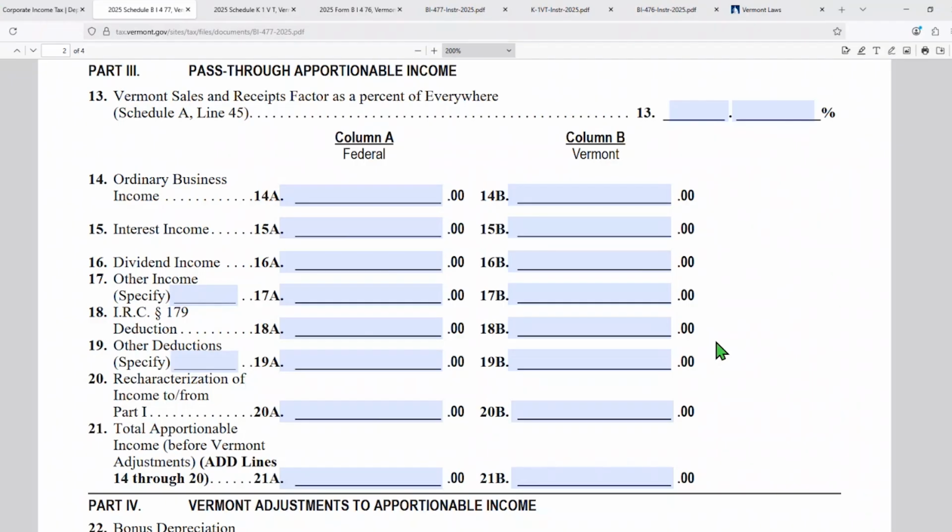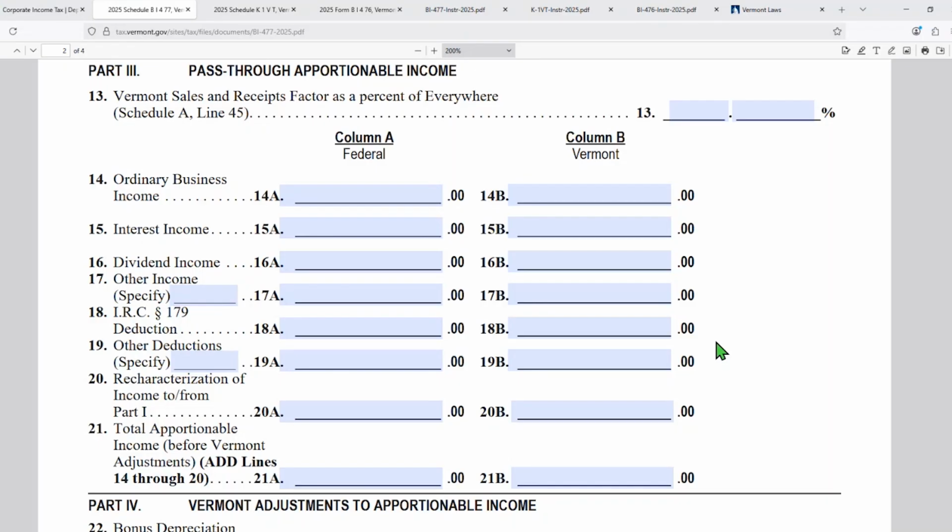So you're not going to include that value on line 19 at all, because it's just not part of where Vermont picks up. So that's why that line might not match the federal Schedule K.